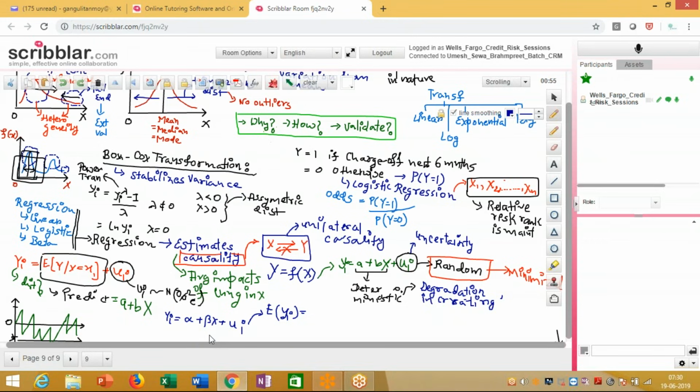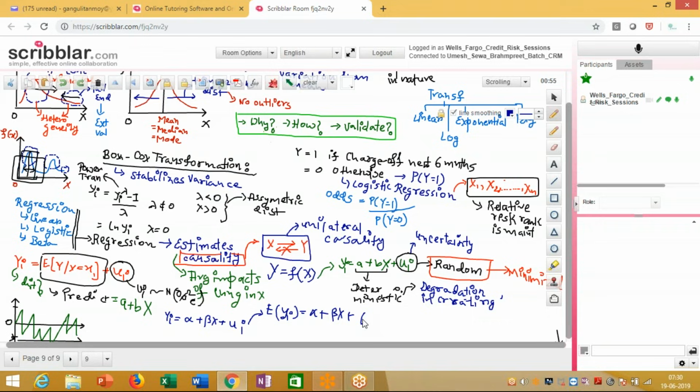X is non-stochastic, so x is a provided value. So obviously the expected value of alpha plus beta x is a constant. So alpha plus beta x will remain as is, because the mean of a constant is nothing but the number itself. Now plus the expected value of ui.